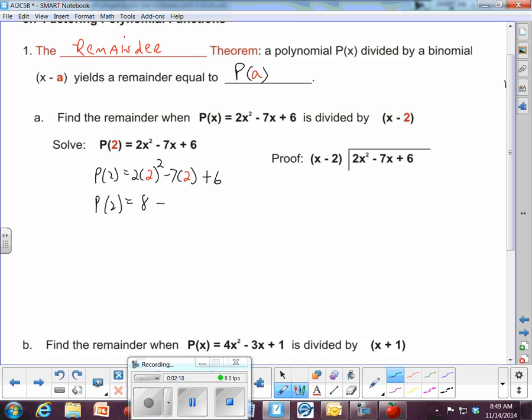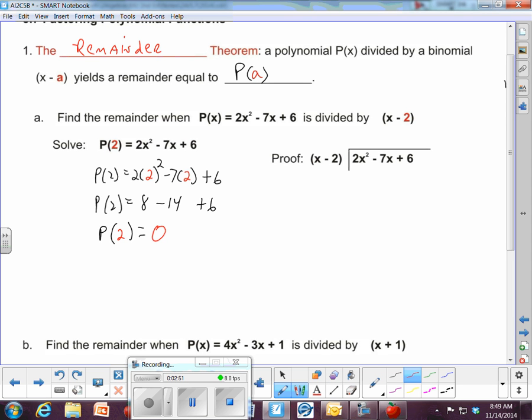Negative 7 times 2 is a negative 14, plus the 6. And so when we're done, I'm going to use my red here for the 2. So this P of 2 ends up equaling, and in this case, it is 0. P of 2 equals 0.